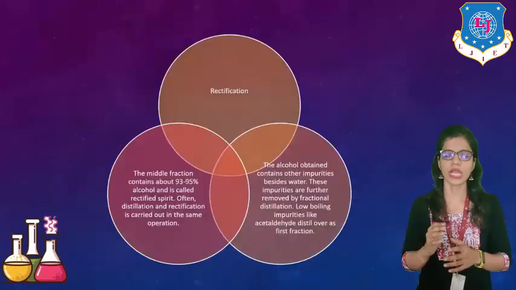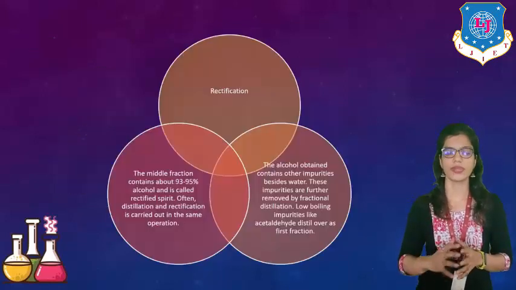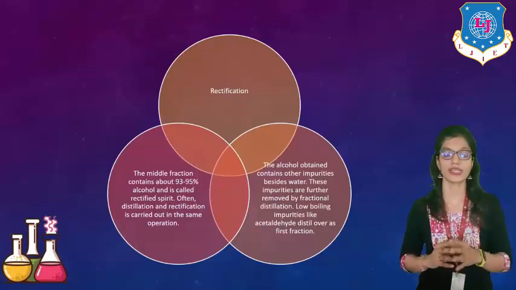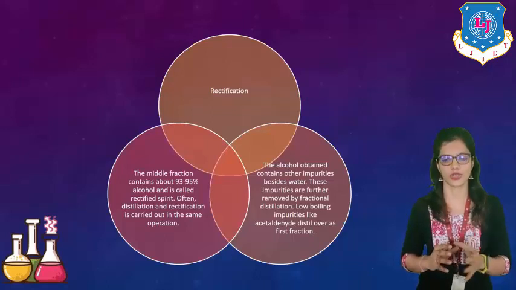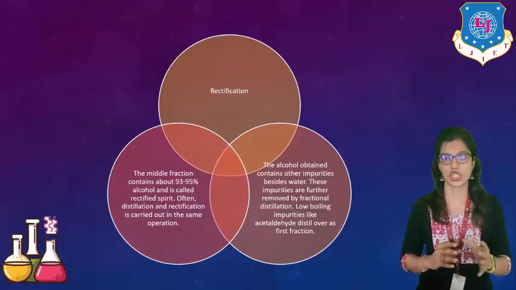Last but not the least is rectification. In rectification, what we will do? The alcohol obtained in such a manner contains other impurities besides water. These impurities are further removed by fractional distillation. Low boiling impurities like acetaldehyde distill over as the first distillate or first fraction.